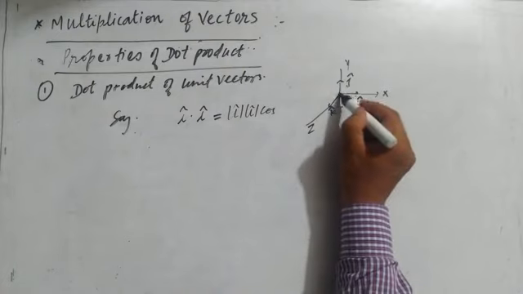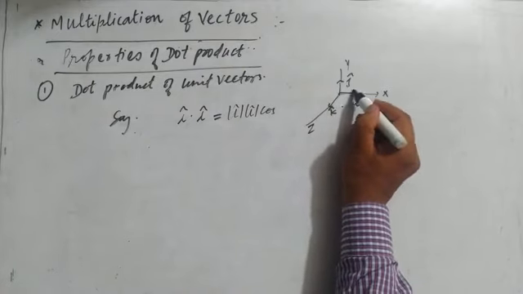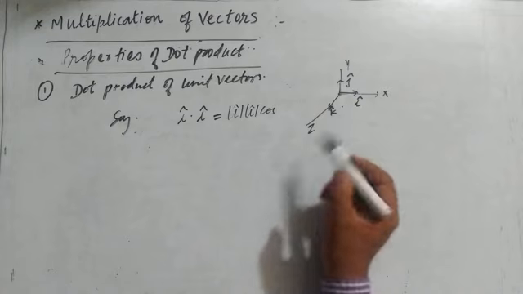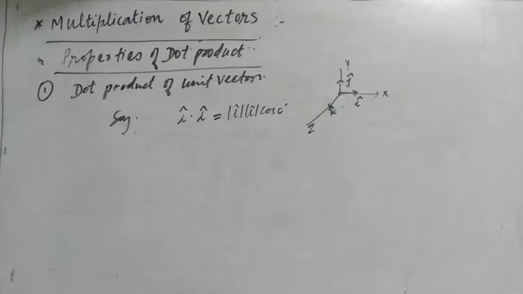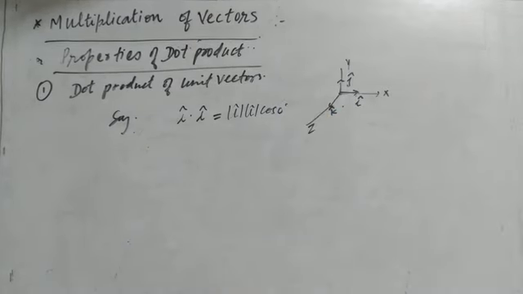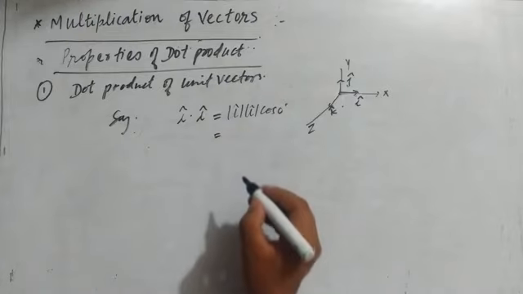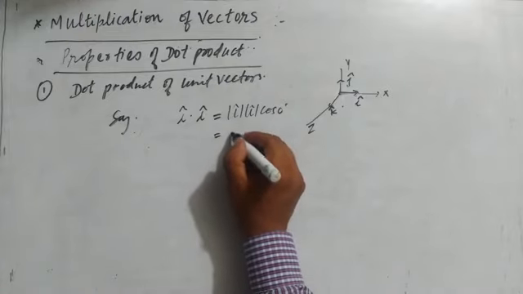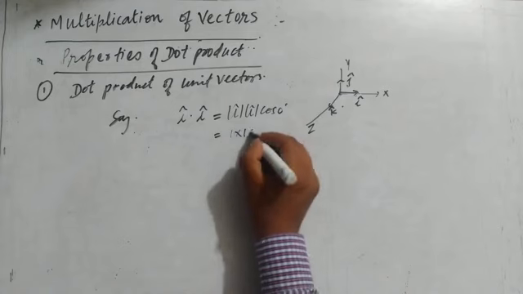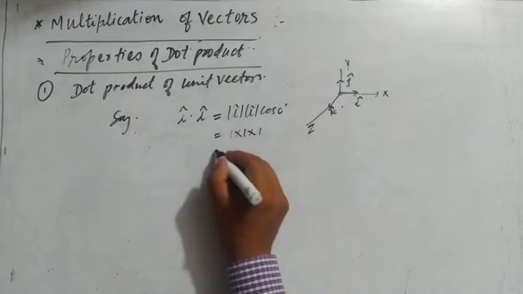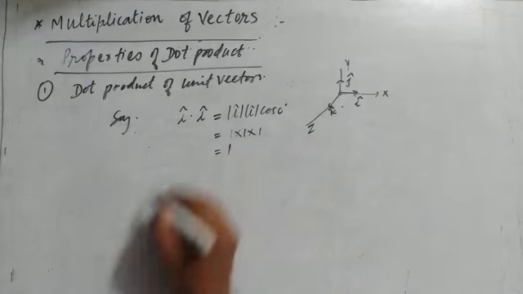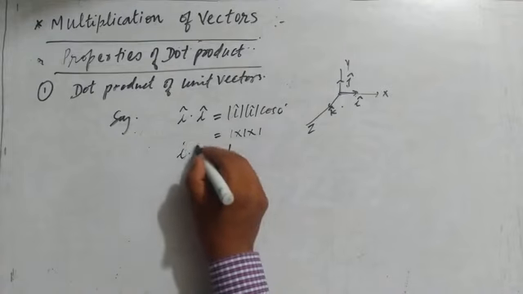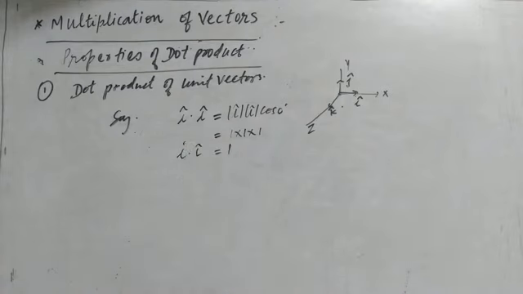Now if we take I along this direction, another I along this direction, the angle between them is 0 degree. So this becomes cos 0. So magnitude of I vector is 1 into cos 0 is 1. So this becomes 1. So dot product of similar unit vectors is 1.